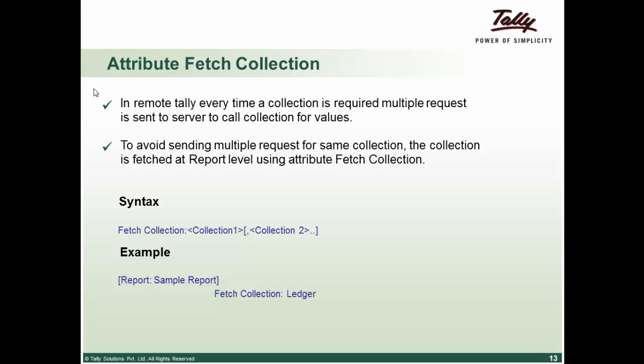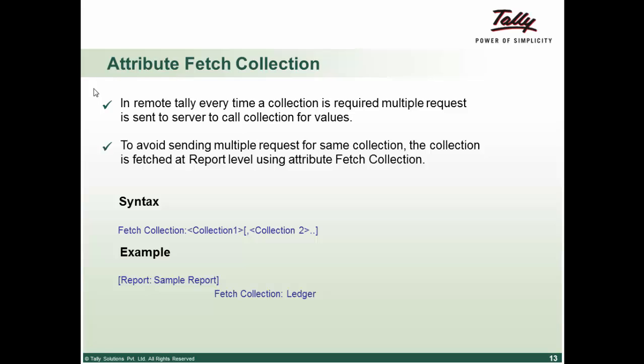This collection is not available at the remote. Obviously, there is no data context available, there is no data available. It again triggers another request to the server, asking, please give me the collection for my line to get repeated. So the second request goes, it fetches the collections and comes back, right?